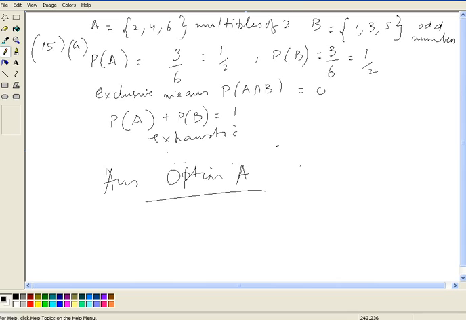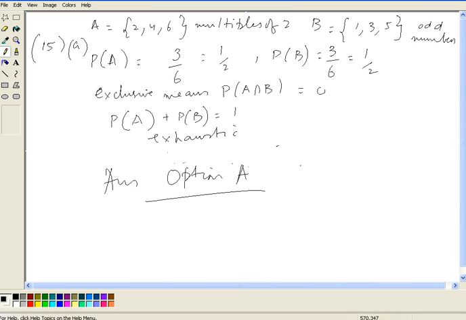Now mutually exclusive means the occurrence of A will not lead to the occurrence of B. So the probability of A intersection B is 0, and exhaustive means the probability of occurrence of A plus probability of B, when you add the total sum, it works out to be the total sample space probability, that is 1.